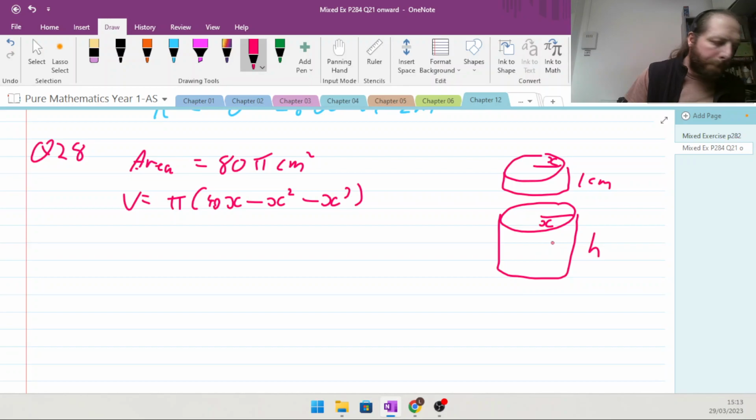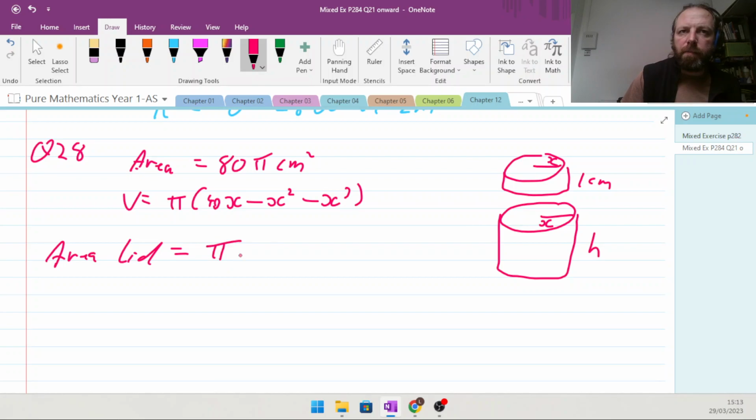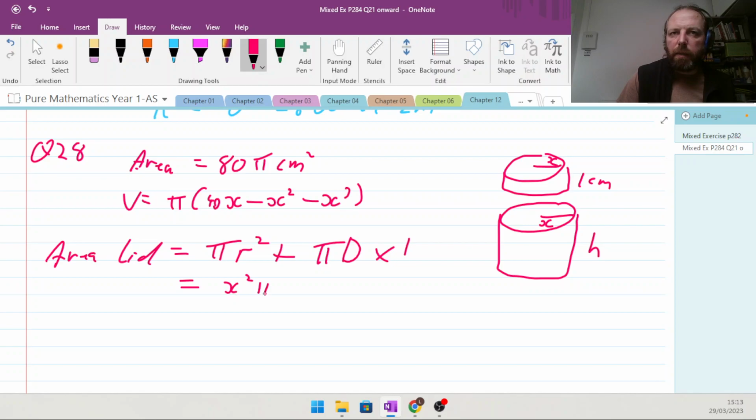So the area of the lid is going to be pi r squared plus the circumference, pi times d, times 1 to give us the area of the lid. So that is x squared pi plus 2x pi.